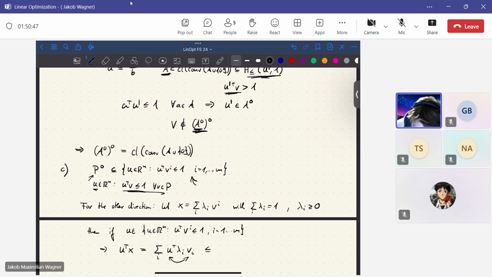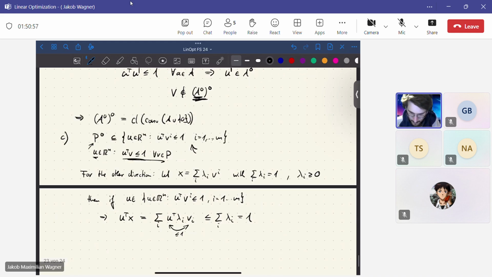This inner product is less or equal than 1, so what remains is just the sum over the lambda I's, and we know that this is equal to 1. And so what we have here is that U transpose X is less or equal than 1, and this holds for all X in P, and this means that then U is in this polar cone of P.